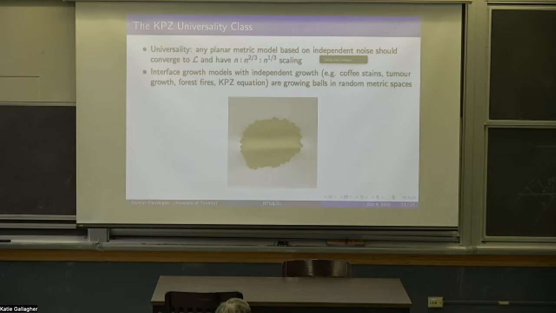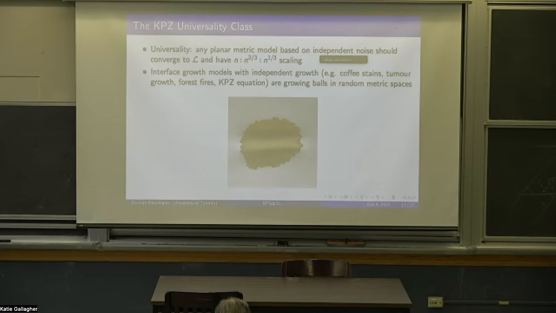So in this picture, there's some underlying metric space. And the shape you're seeing is exactly all the points that are accessible from the origin, with distance less than or equal to some t. So there's this duality between metrics and these kinds of interface growth models. Okay?